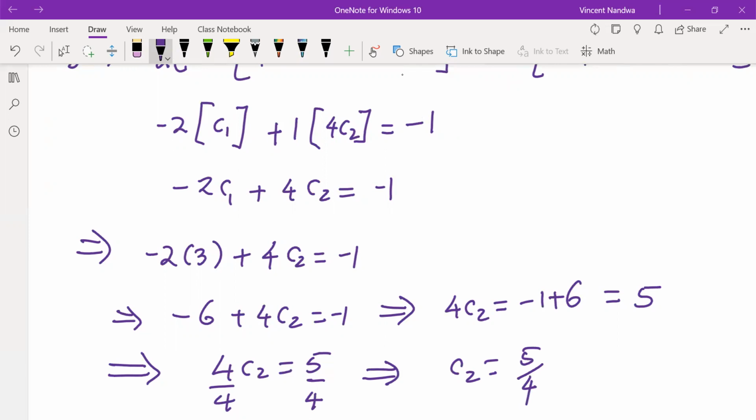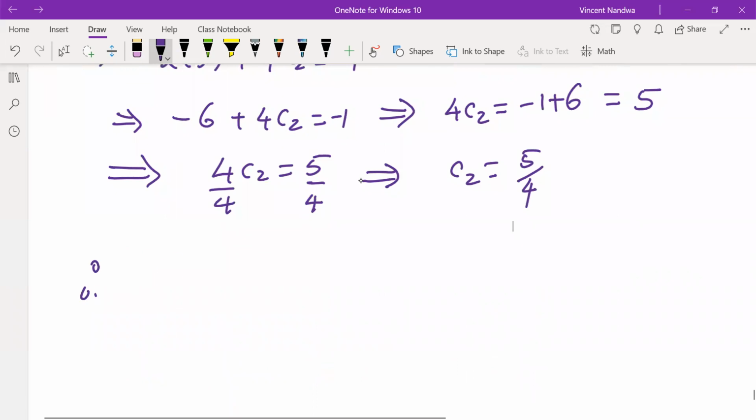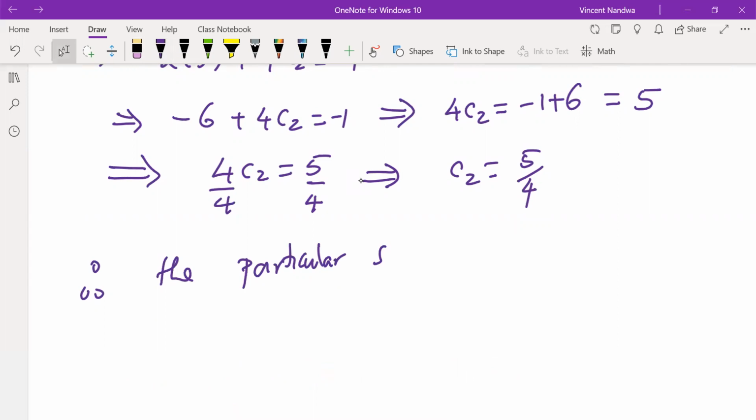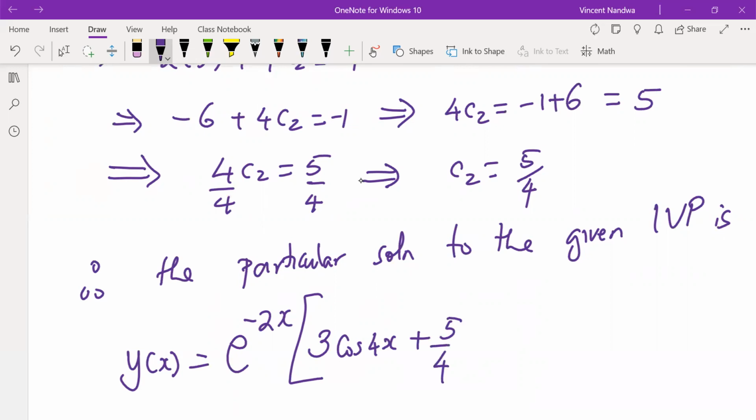So therefore, the particular solution to this initial value problem is y of x is given by e raised power minus 2x into c1 is 3 cosine of 4x, plus c2 is 5 over 4 sine of 4x.